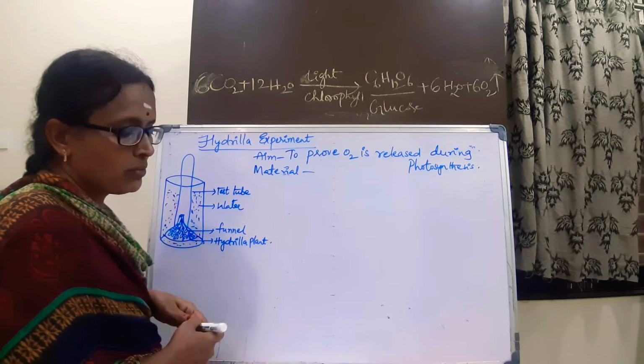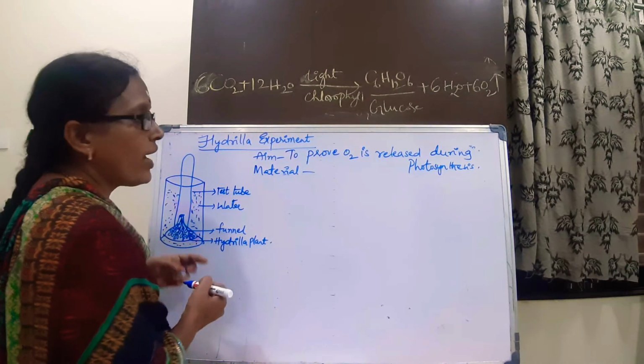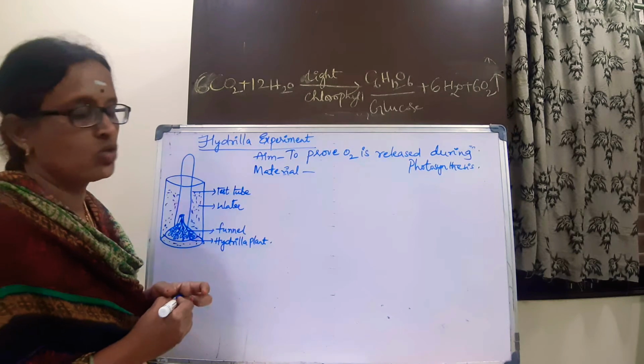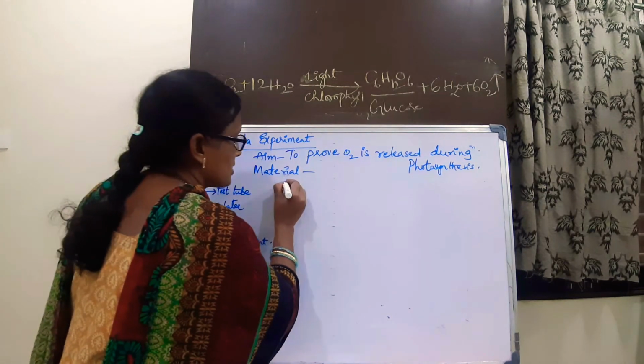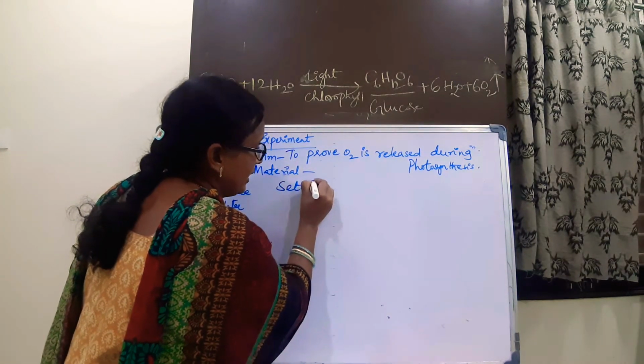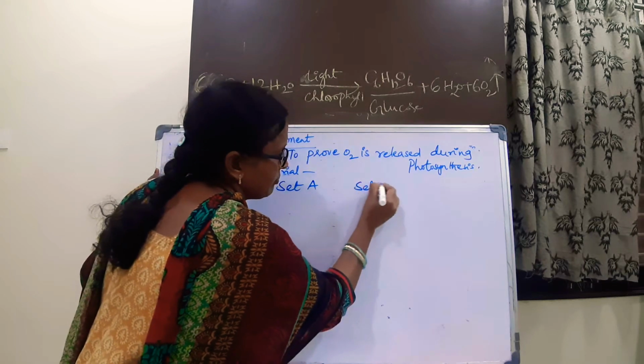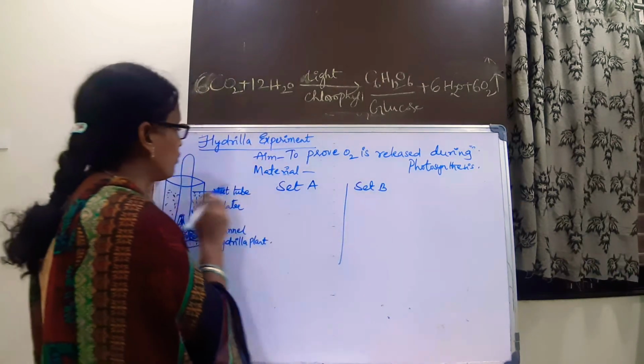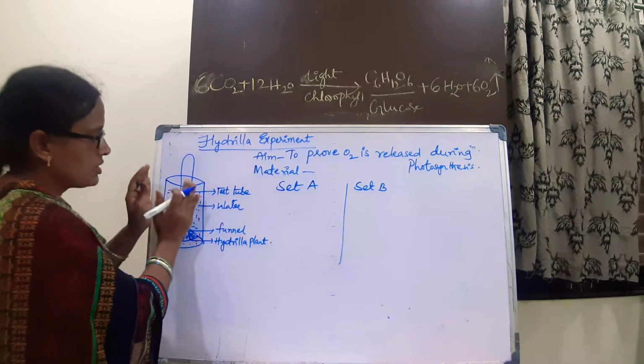Here in this experiment we are taking two identical sets, set A and set B. Identical means the same type of apparatus, the same type of arrangement.